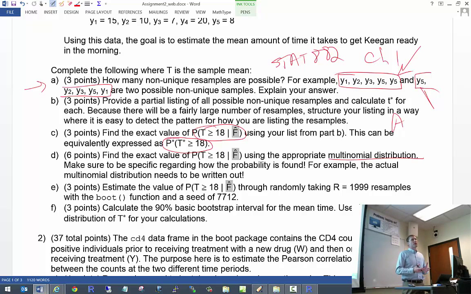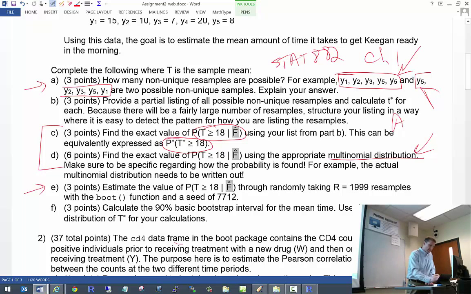Write out the multinomial distributions to find that probability. These two answers should be exactly the same. It's just two different ways to view it. In some theoretical calculations that one would want to do with the bootstrap in terms of research, people often then go to the multinomial format in order to derive stuff.